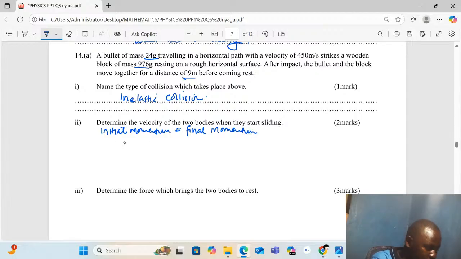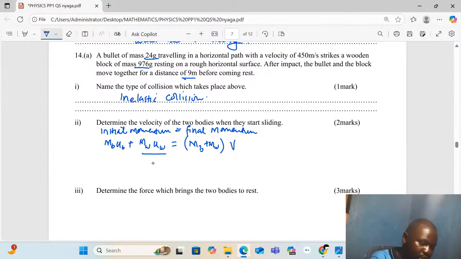So the mass of the bullet times the initial velocity of the bullet, plus the mass of the block, the mass of the wooden block times the initial velocity of the wooden block, is the same as when they combine together, MB plus MW, then they move at a common velocity V. Therefore, we know that this wooden block was stationary.